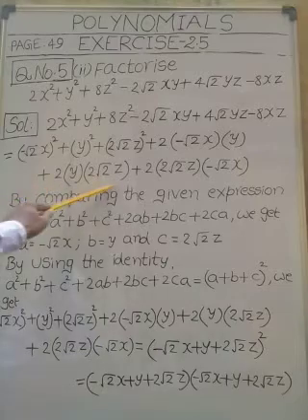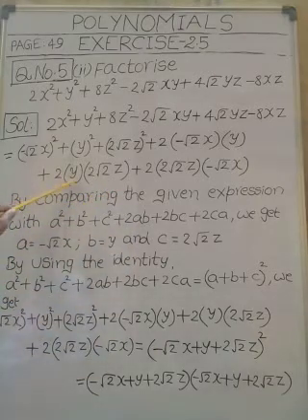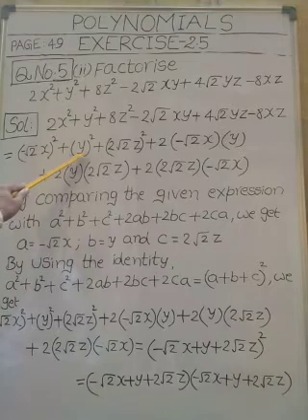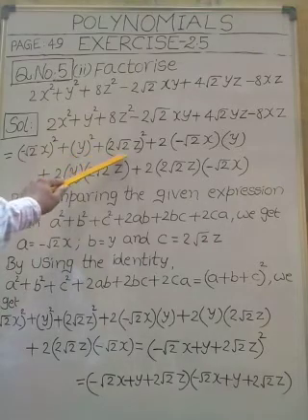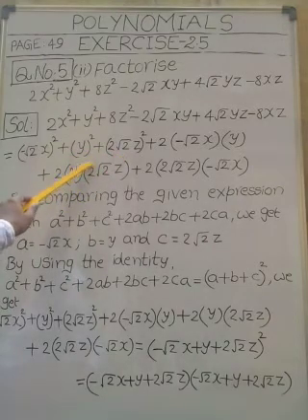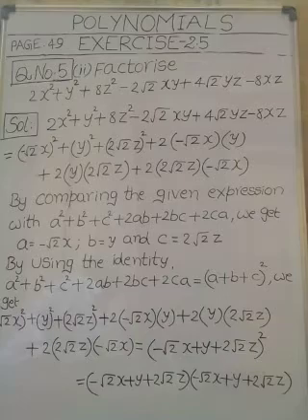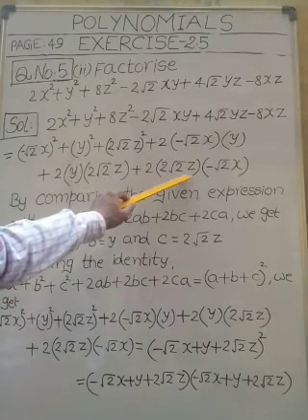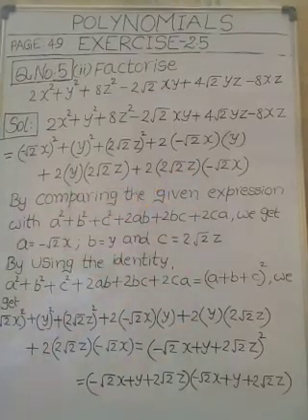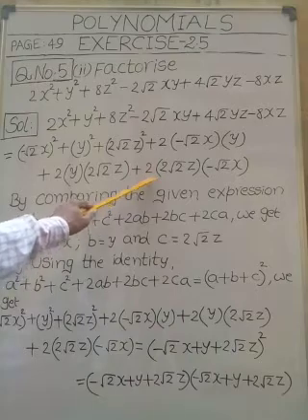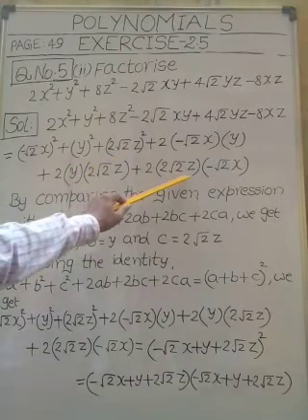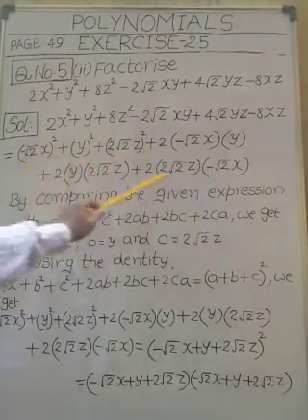Plus, I am writing here the fifth term, plus 2bc, b means y, and c means 2 root 2 z. Understood this fifth term, my children? And the last term, the sixth term, is plus 2ca. So plus 2, c means 2 root 2 z, into a means minus root 2 x.